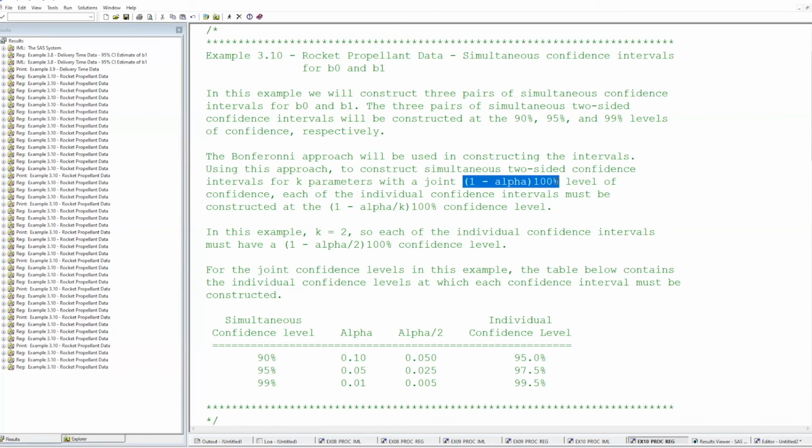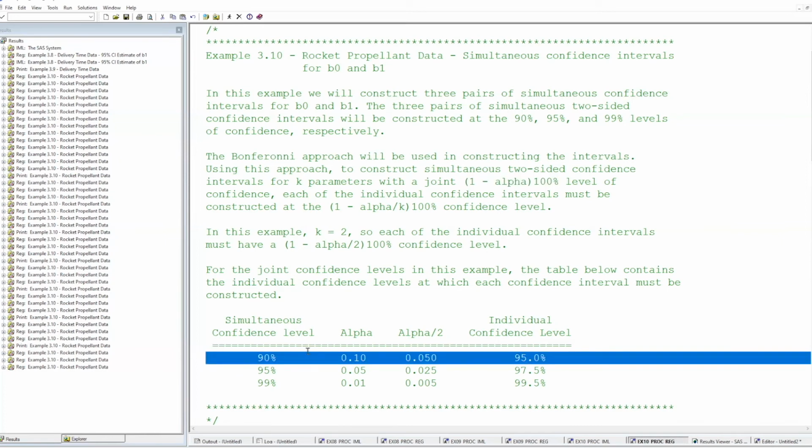Again, confidence levels are expressed as 1 minus some alpha times 100%. And so with a simultaneous confidence level of 90%, the corresponding alpha is 0.1, which is 1 minus the 90% divided by 100%. All right, so that alpha is 0.1.